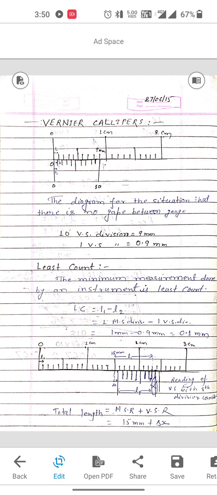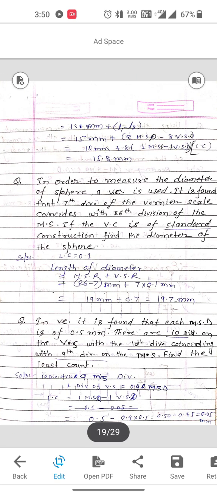Then main scale reading will be 15 mm plus vernier scale reading, which is 8 into (1 main scale division minus 1 vernier scale division), that will be 0.1. That will come out as 15.8 mm.